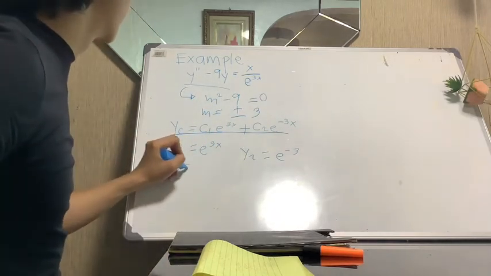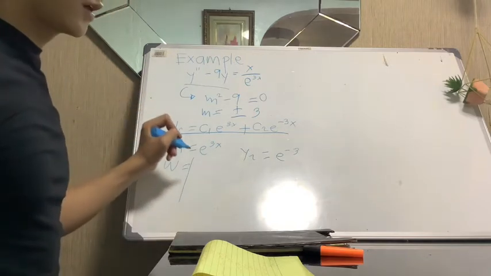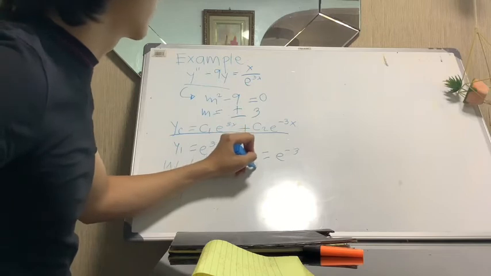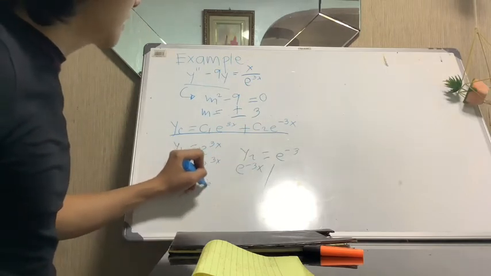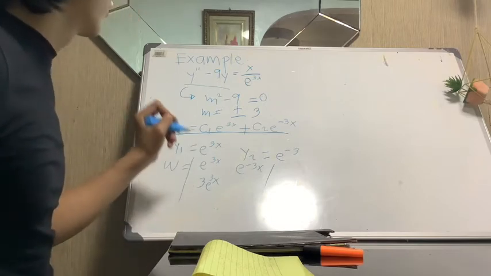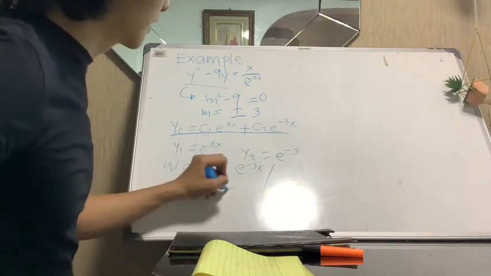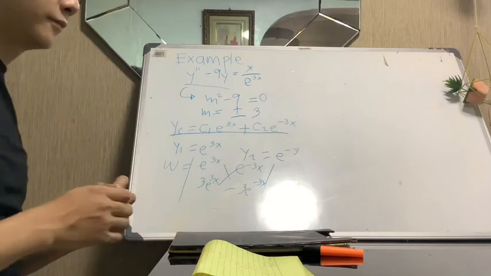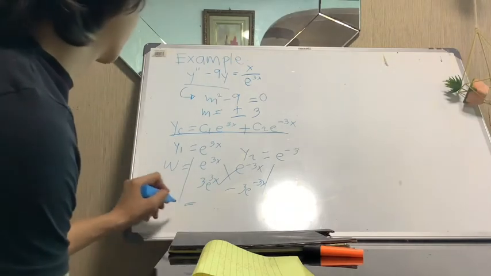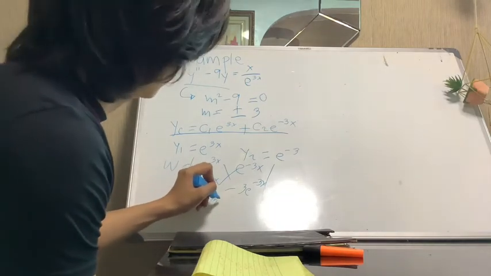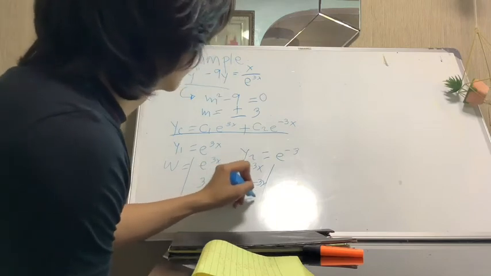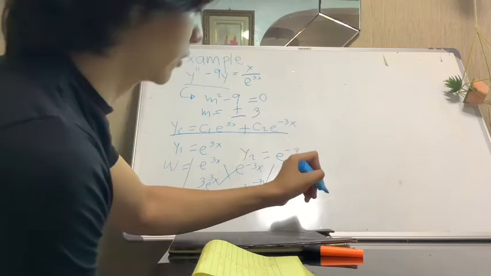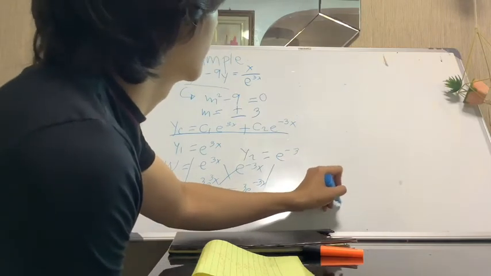Then we get the W. Let's run the scheme: e^3x here, and on the other side negative 3x, then 3e^3x and negative 3e^negative 3x. Then we cross-multiply them. The result is negative 3 e^3x e^negative 3x, then 3e^3x e^negative 3x.